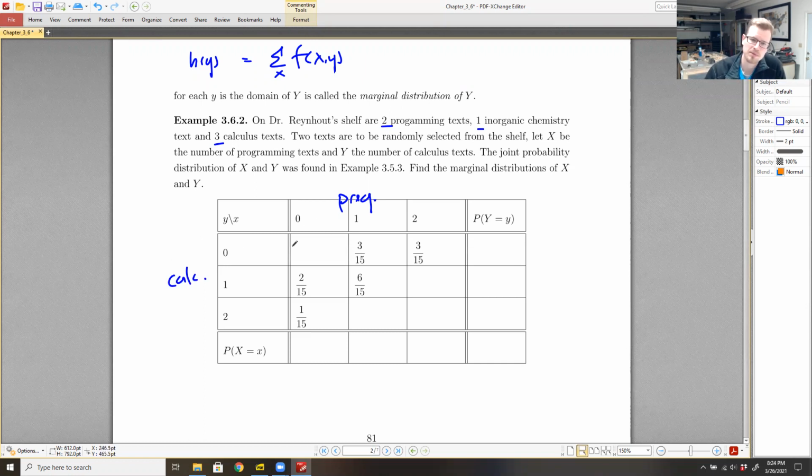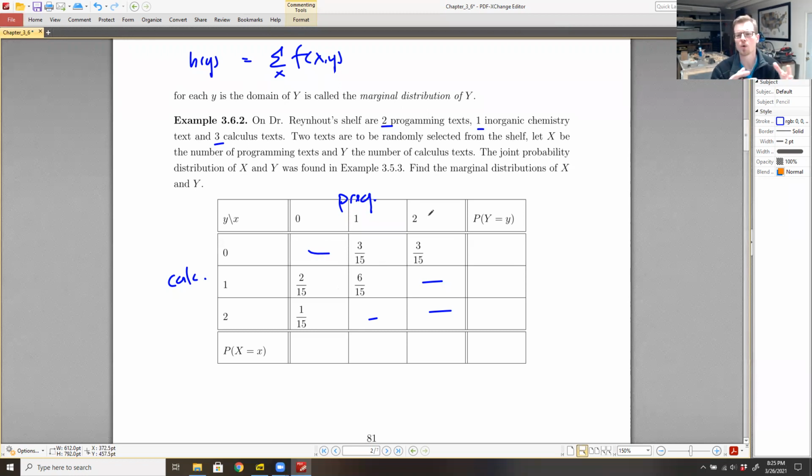And we found that the probability of choosing 0 of either one of these things is 0, or you can put a dash through that spot. Similarly for choosing two programming and one calc, or two calc and one programming, or two calc and two programming. So this was our joint probability distribution.